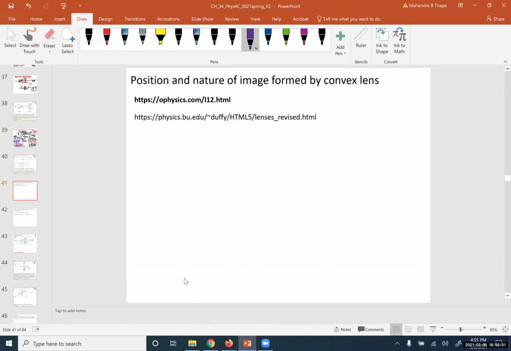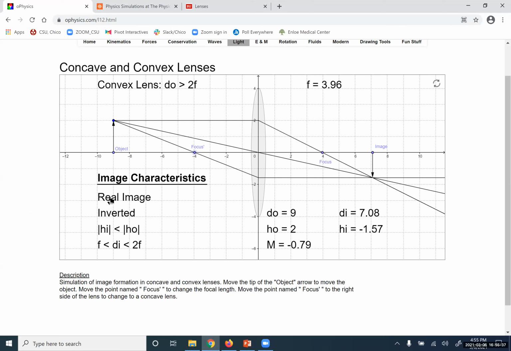As before, I will show you the simulation. Let me write the focus.